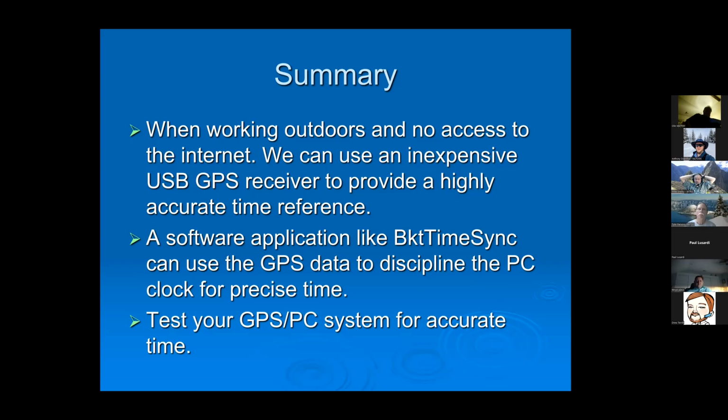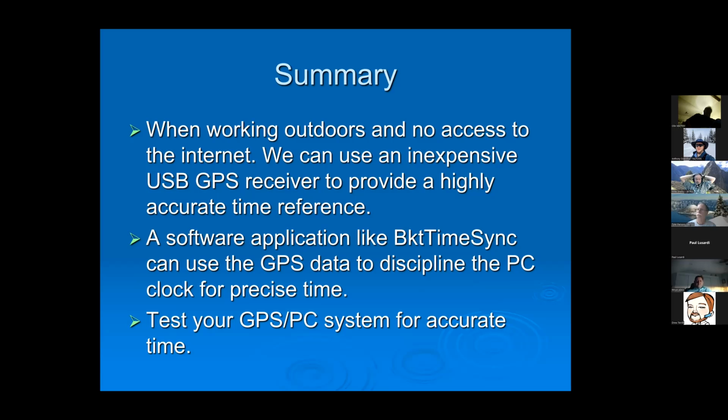Then you put on an application like BK Time Sync on your PC, configure it, set it up to connect to that GPS unit, and then it will use the GPS data to discipline the PC clock for precise time.